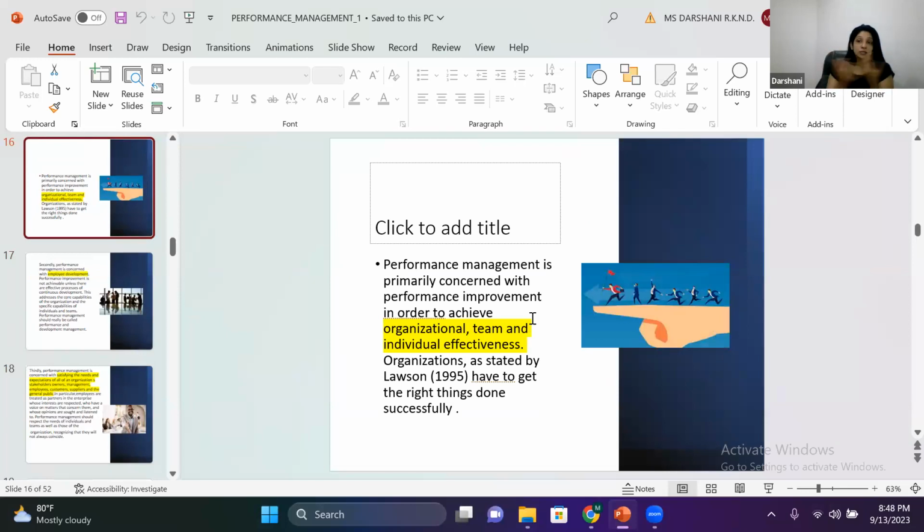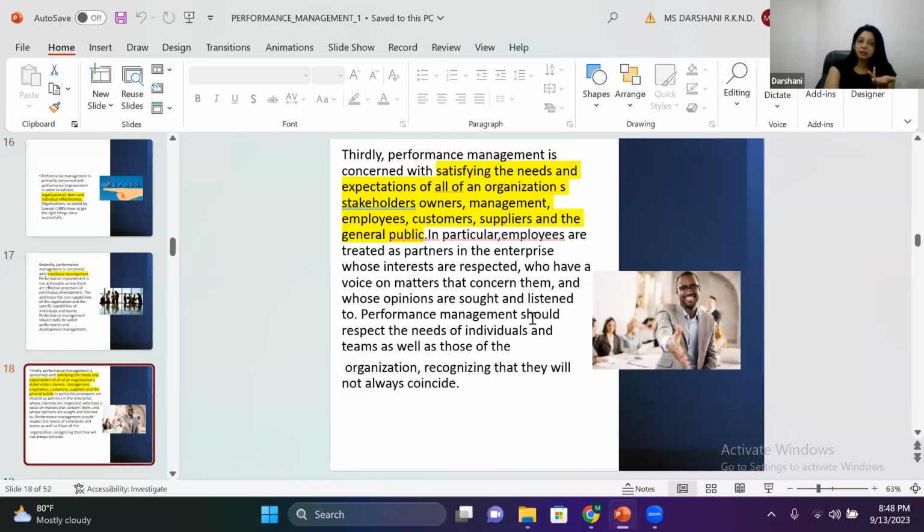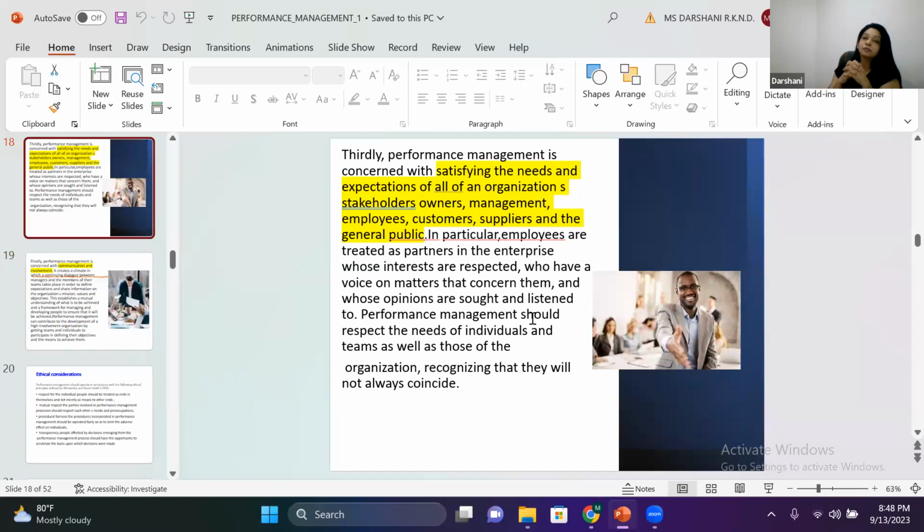If I ask you what performance management is, simply, performance management is to upgrade the effectiveness of individual, team and organizational effectiveness by developing all employees and communicating the company goals, vision, mission, and objectives through proper involvement, to satisfy all stakeholders of the company and to achieve organizational goals and objectives.